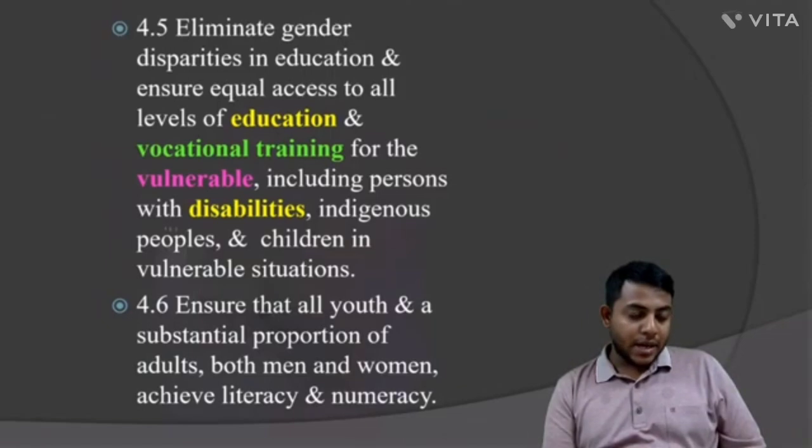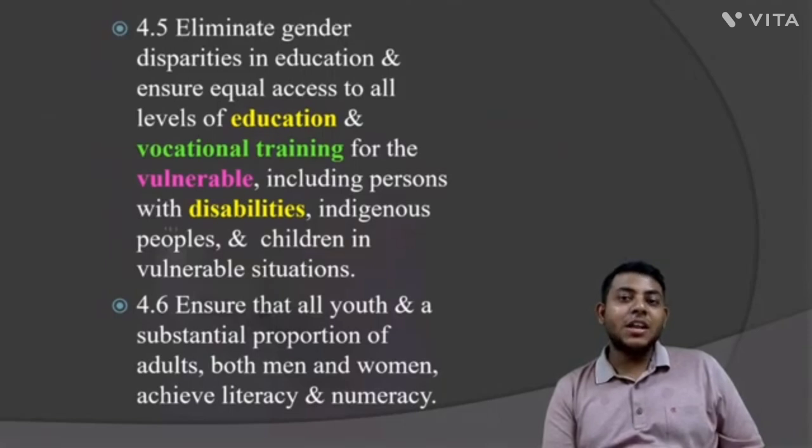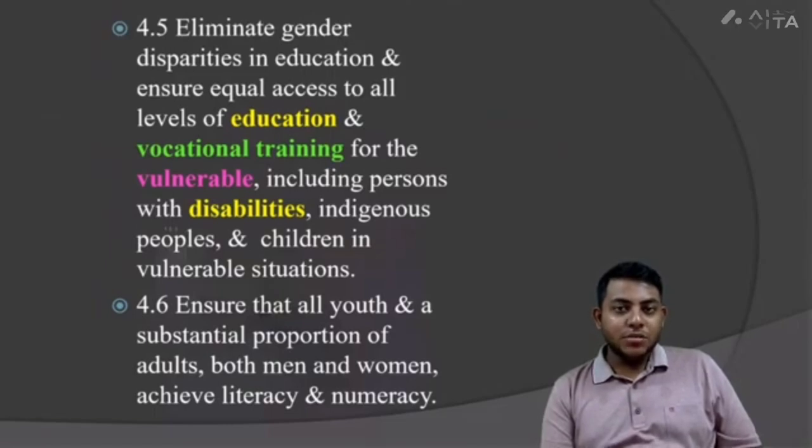And Sustainable Development Goal 4.6 asks the states to ensure that all youth and a substantial proportion of adults, both men and women, achieve literacy and numeracy. So not only literacy but functional literacy, not just being able to read and write, but to use that capability of literacy to perform certain functions, to enhance the quality of their life.